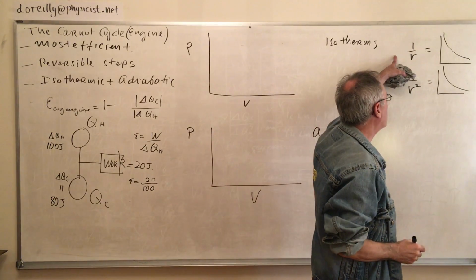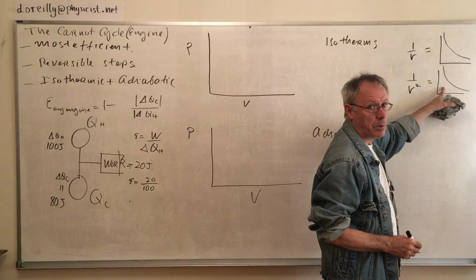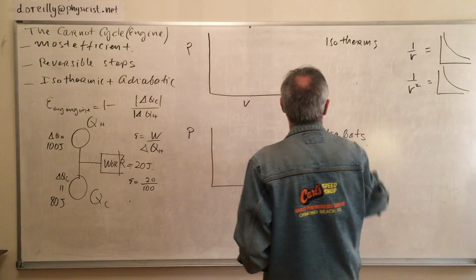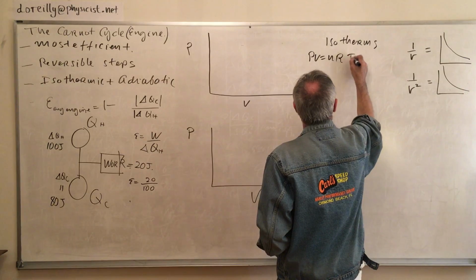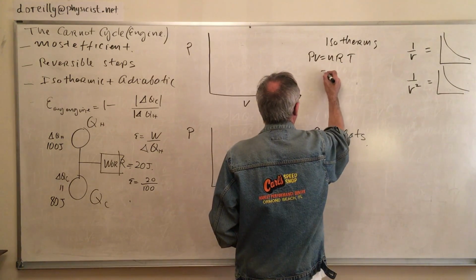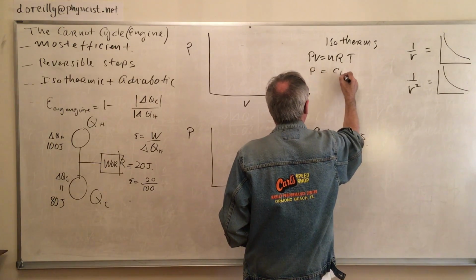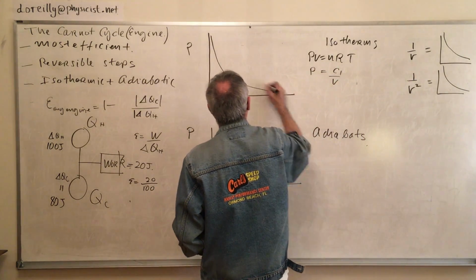Now the 1 over r curve is like this, and the 1 over r squared curve is steeper. So that's going to come into play here. Now T is a constant, so this whole thing is a constant. So isotherms would look like this.